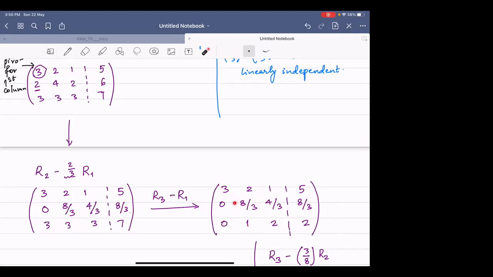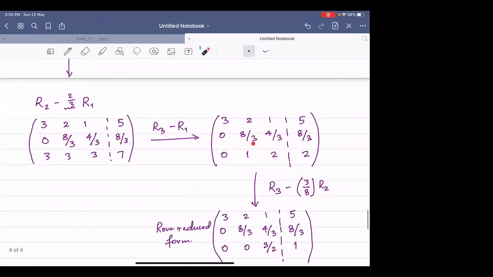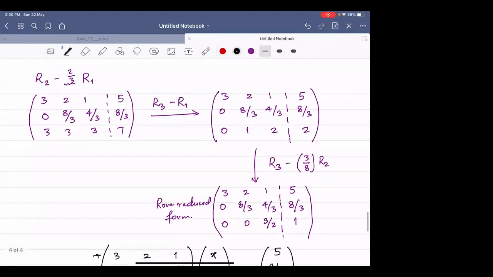So you're using 8/3. So for the next step, or for the second column, your pivot is 8/3. Okay, so that's the nomenclature. So this is your pivot for the second column. You will require this name, okay, because tomorrow when Nithin takes this ahead, these pivots will play a very important role.